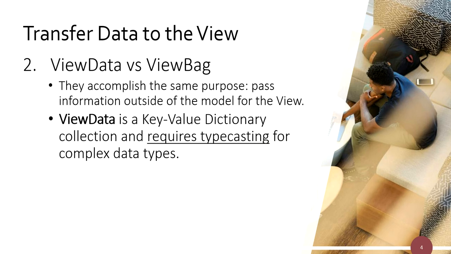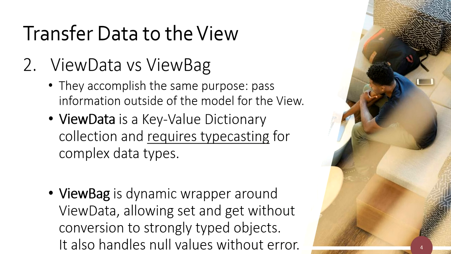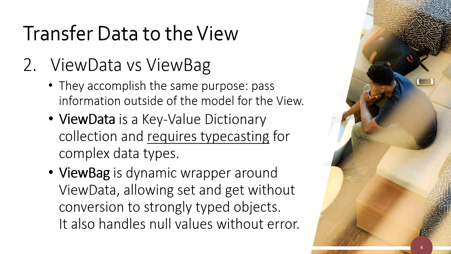So for complex data types, view data works fine to a degree, but view bag is a dynamic wrapper around view data. And we have setters and getters. Without converting to a strongly typed object, we can actually get information because the dynamic wrapper itself will have information about what kind of an object it is.